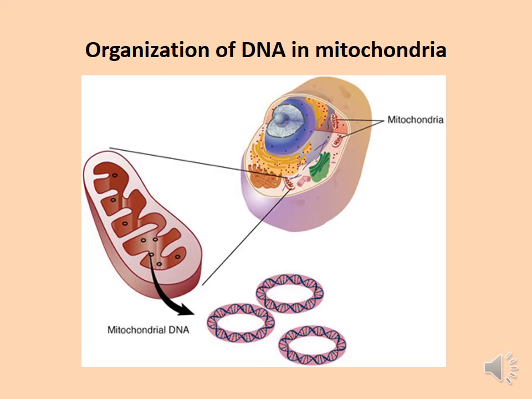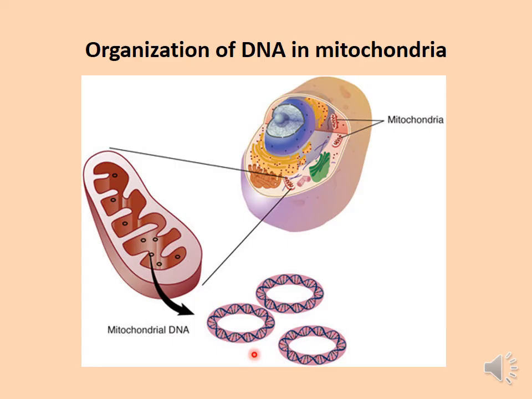Now, let's look at the organization of DNA in our mitochondria. Our mitochondrial DNA also are double helixes as explained by Watson and Crick. But they are condensed into circular molecules.